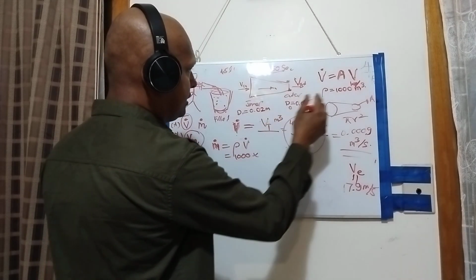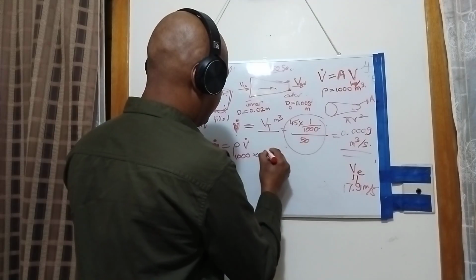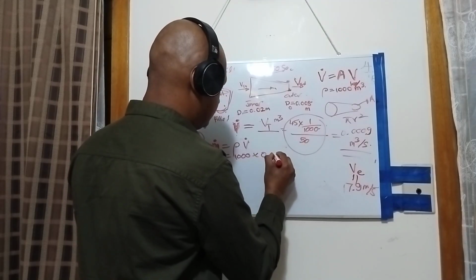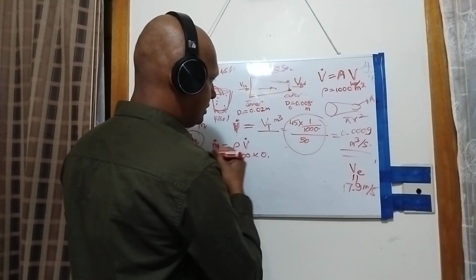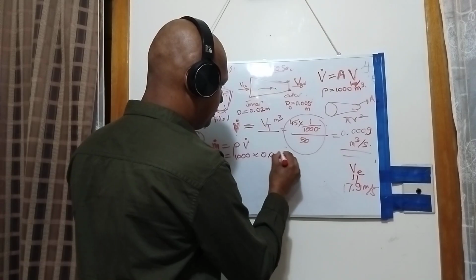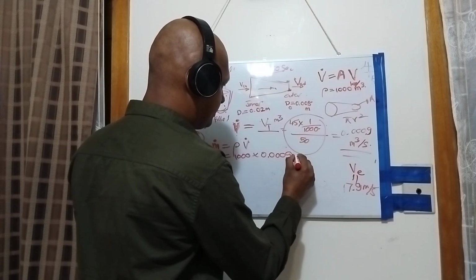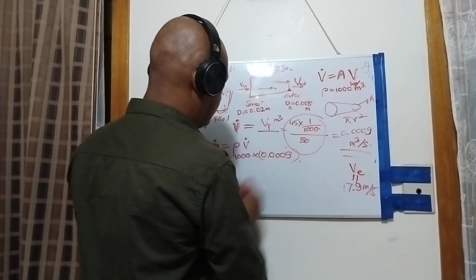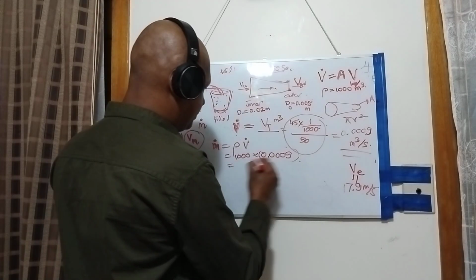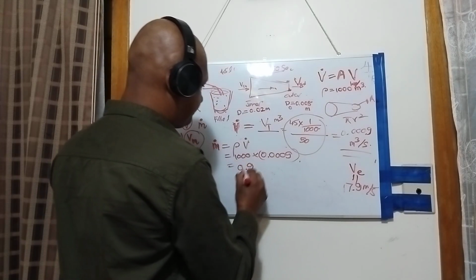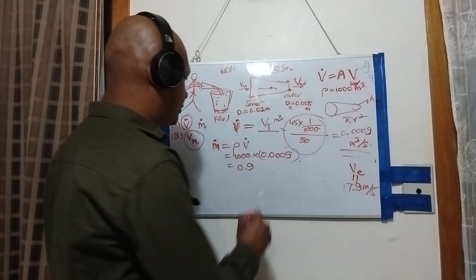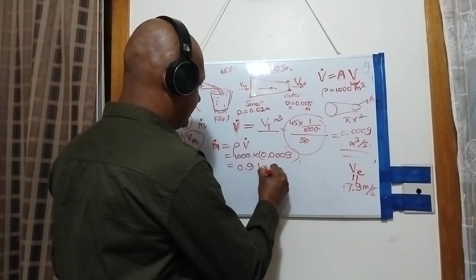times 0.009. So that equals 0.9 kilograms per second.